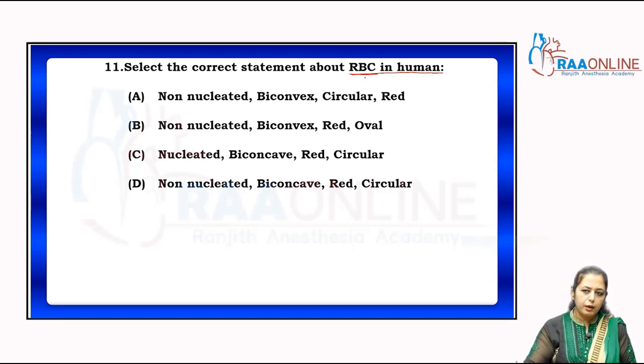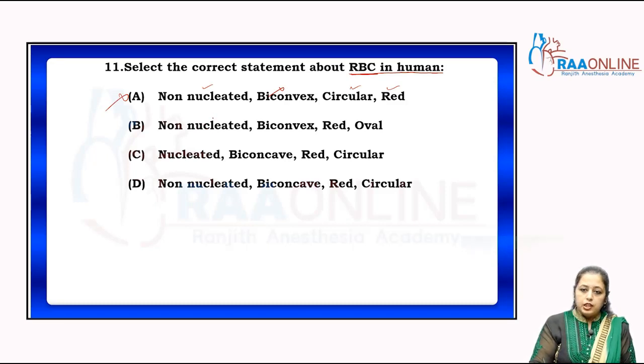Now come to the options. The information asked is about the structure of RBCs. Non-nucleated, biconvex, red, circular: it's not biconvex, so that option is wrong.